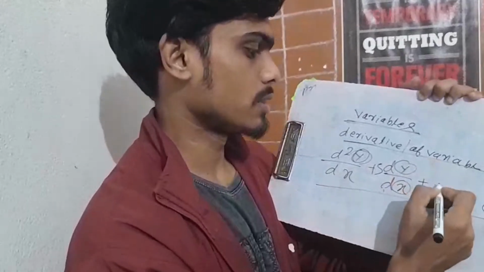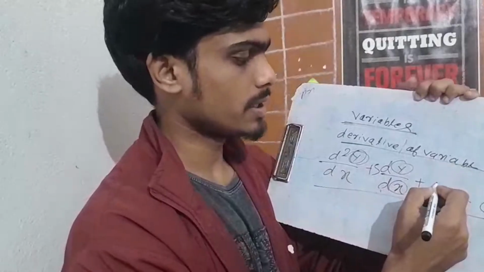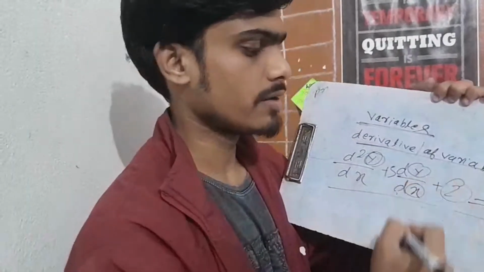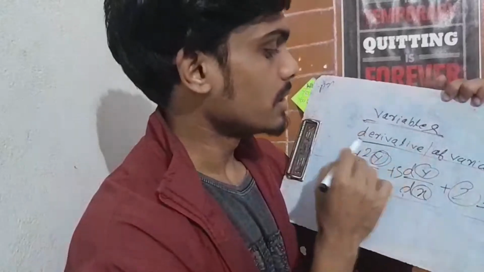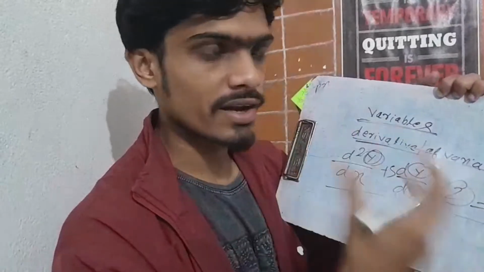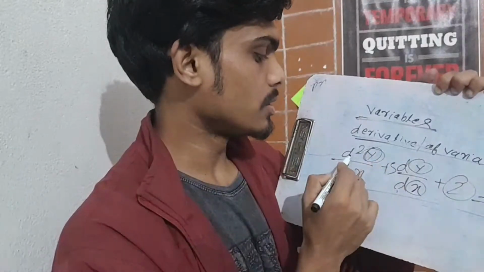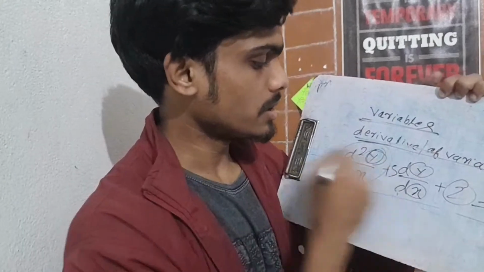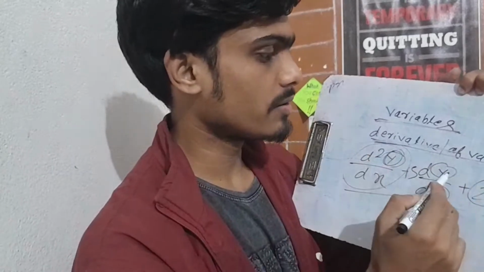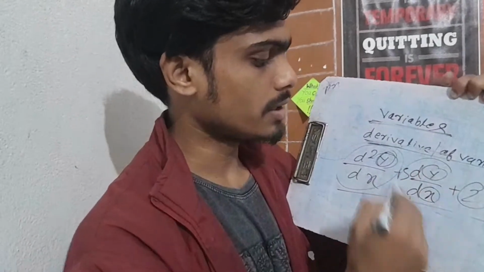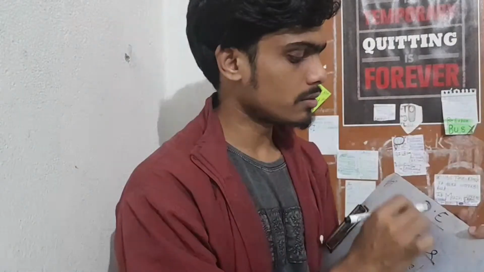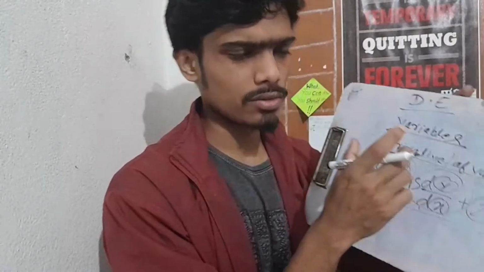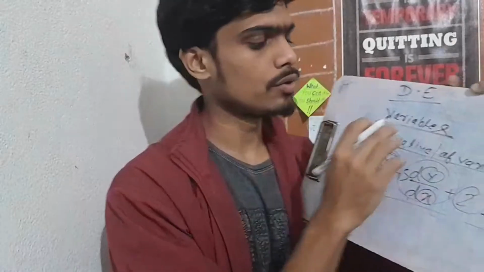Or we can also add one more variable, that is z. So variables, derivatives of variables, meaning differential form of variables. So d2y by dx is also a form of derivative of a variable. So in the differential equation we mainly discuss things related to variables and derivatives of variables.